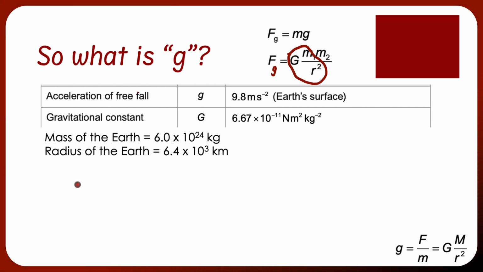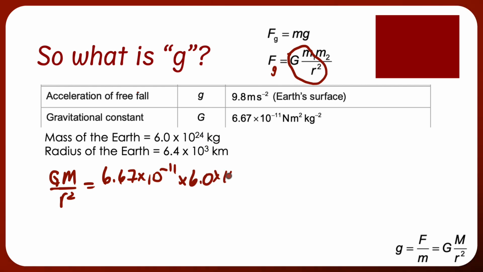Well, if we go and we calculate that, GM over r squared, and I use these values from the Earth, 6.67 times 10 to the minus 11. Notice the units here, newtons, meters, kilograms. And I'm going to multiply that by the mass, kilograms, good.